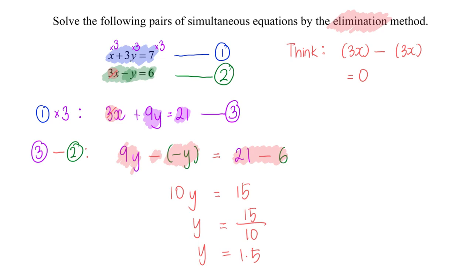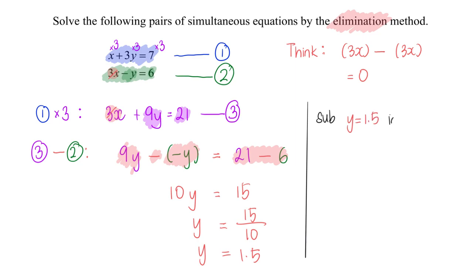And next would then be for us to substitute this value of y into any of the 3 equations that we have found. Okay, so that will be the next step: substitute this y equals to 1.5.